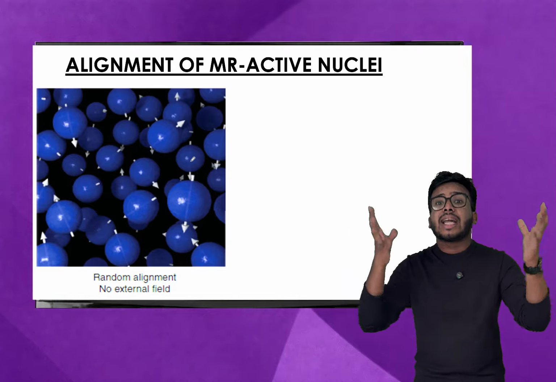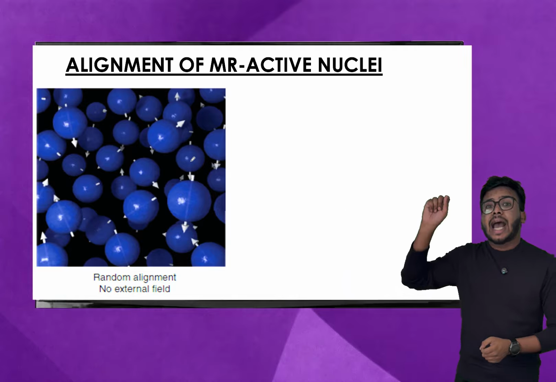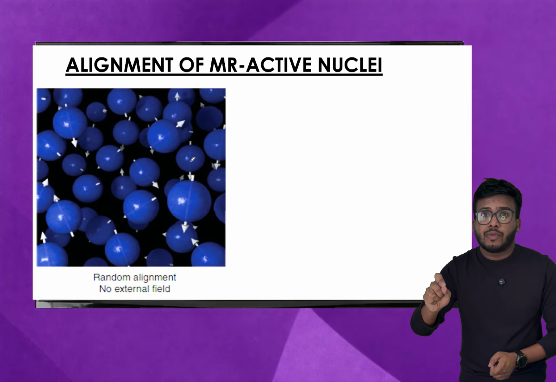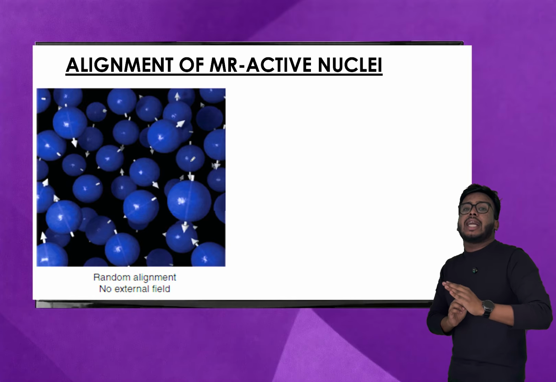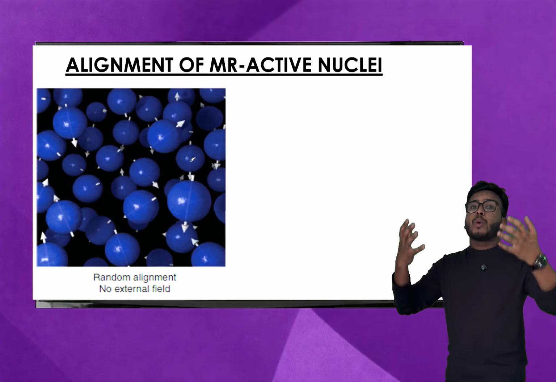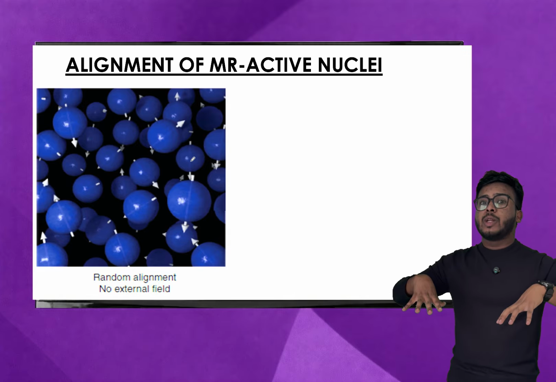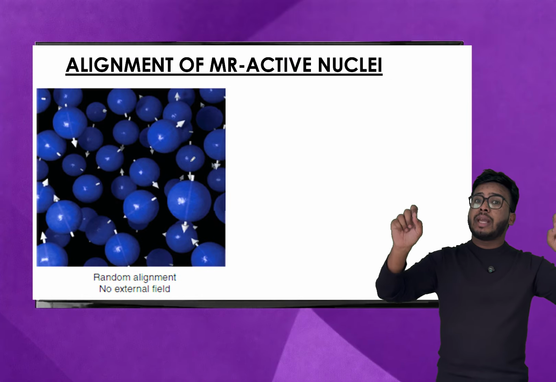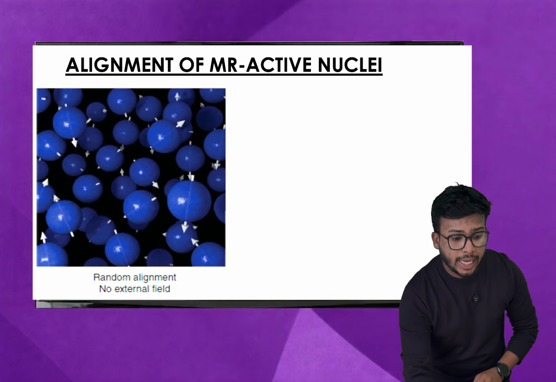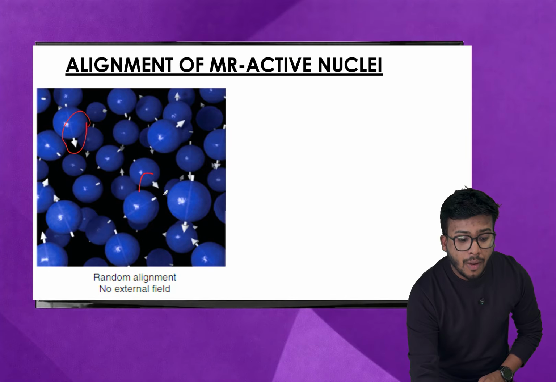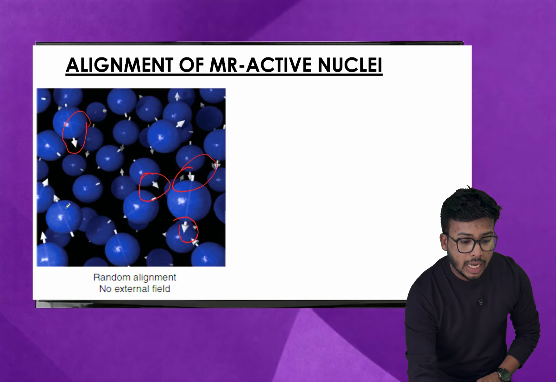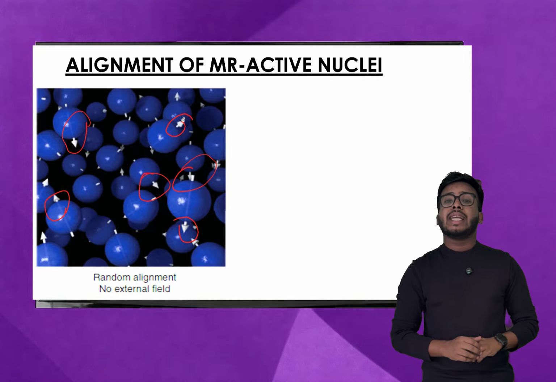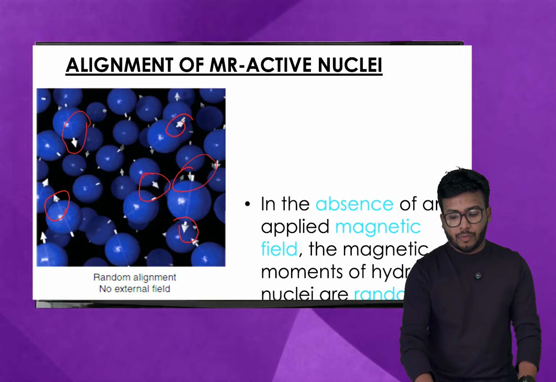They will have a random orientation. So if the patient is in the waiting area outside the MRI room, the protons inside the body will not have any particular direction. See here, the protons have random orientation without any particular direction. So they will not create any net magnetic effect.